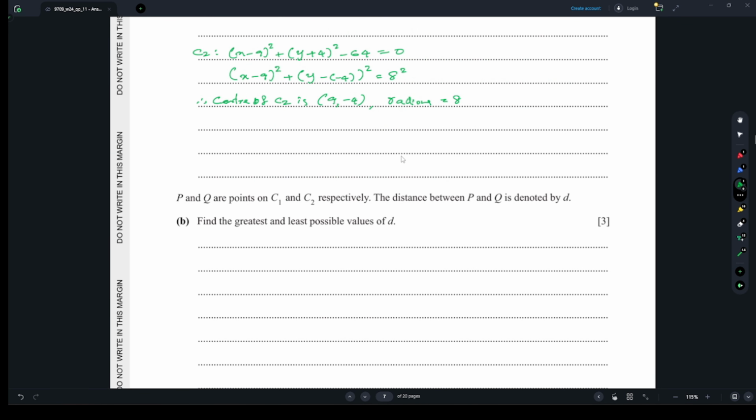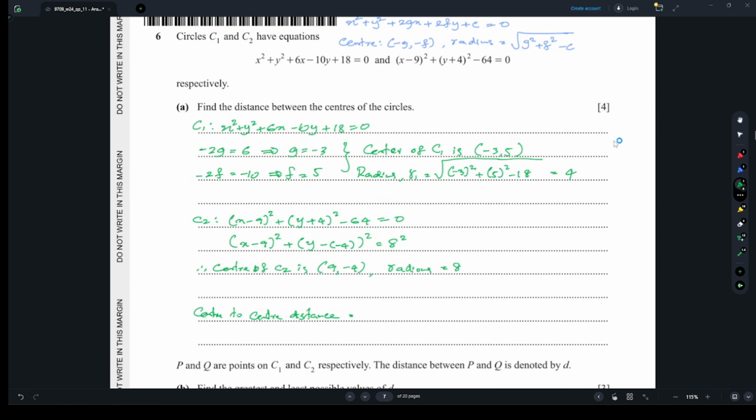And then we have to find the center-to-center distance.